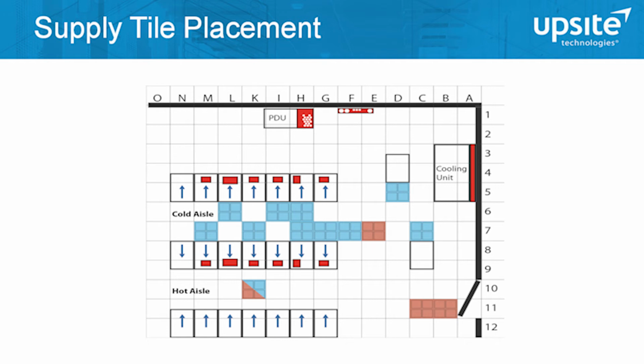Again, it's the practice of balancing the supply flow rate from the tiles to the demand flow rate through all of the IT equipment. I find supply tiles in hot aisles fairly often, and I've been given a myriad of reasons for why a supply tile is in a hot aisle.